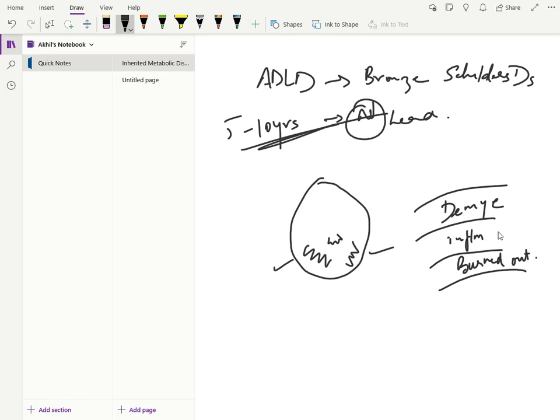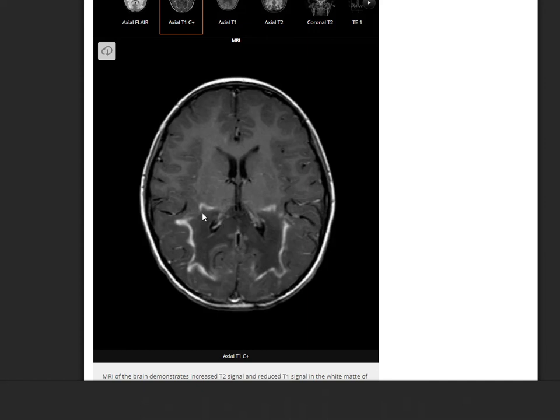Now the zone of inflammation, obviously there is inflammation, there is hyperemia, so this zone will show enhancement on T1 post-contrast sequences. So it has a very characteristic appearance. You can look over here that there is enhancement of this zone, and beneath this zone will be a burned out zone where the death occurs.